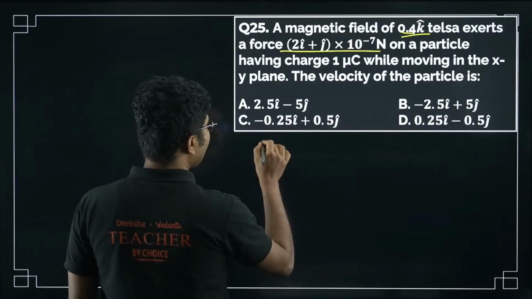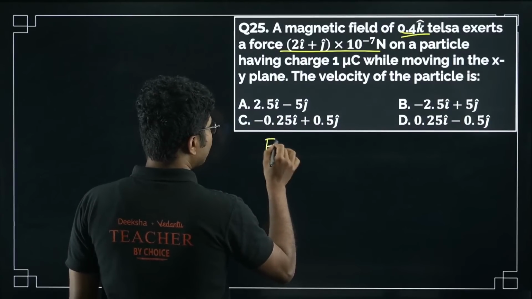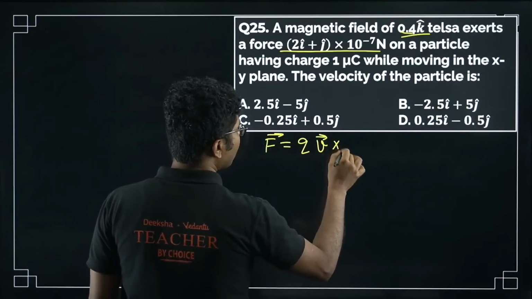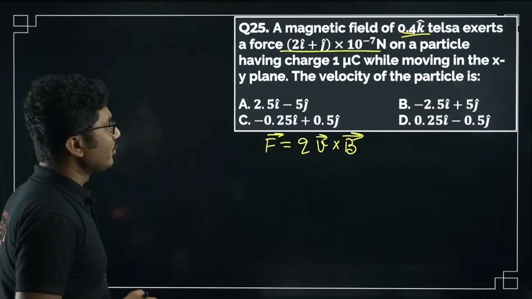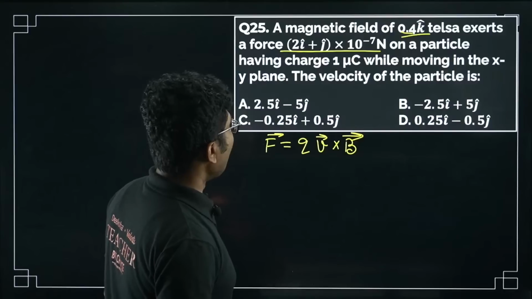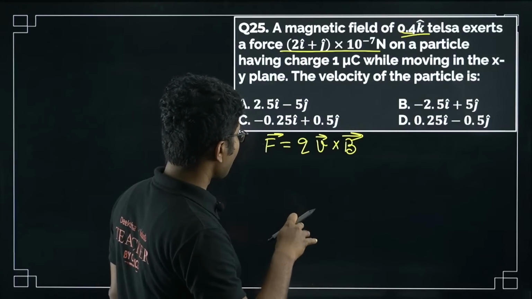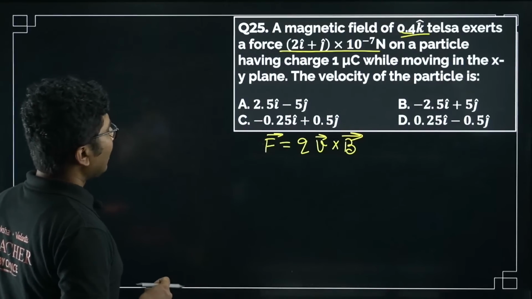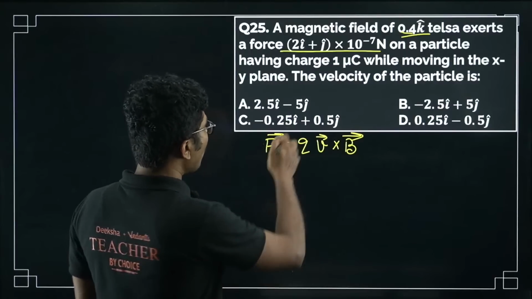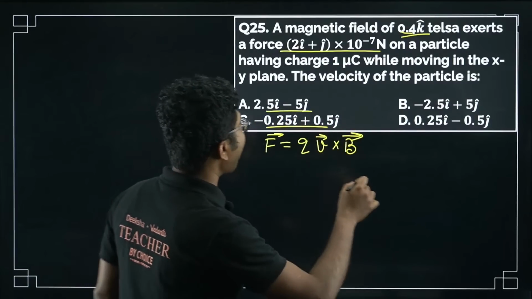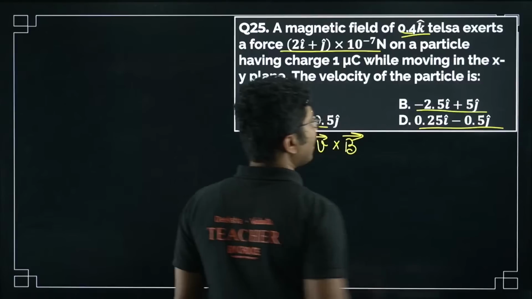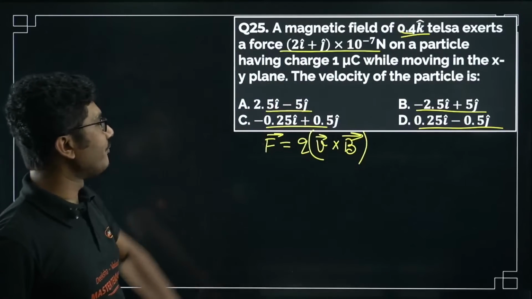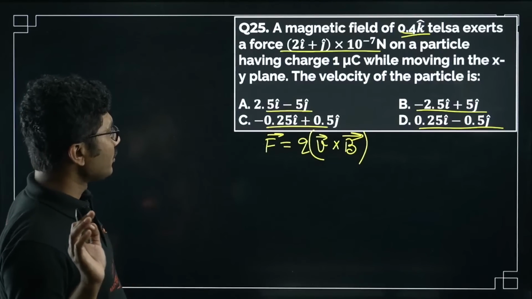So remember that magnetic force is basically q v cross B. Okay, q v cross B. Now you can solve this question, I think, easily if you go from the back side, that is, you start from the options and try to find what will be the value of v.